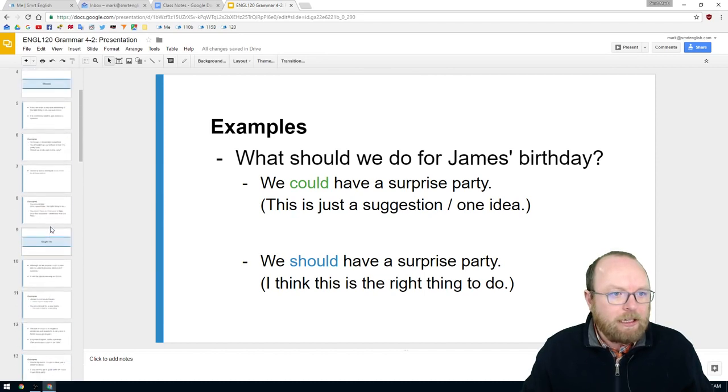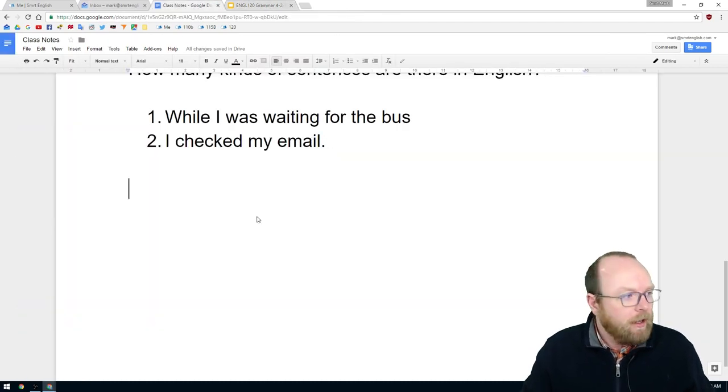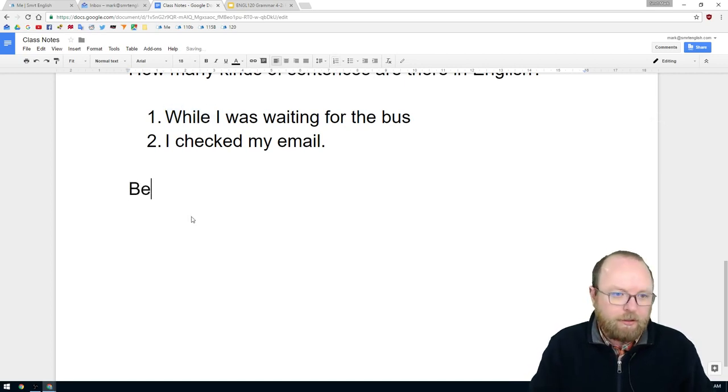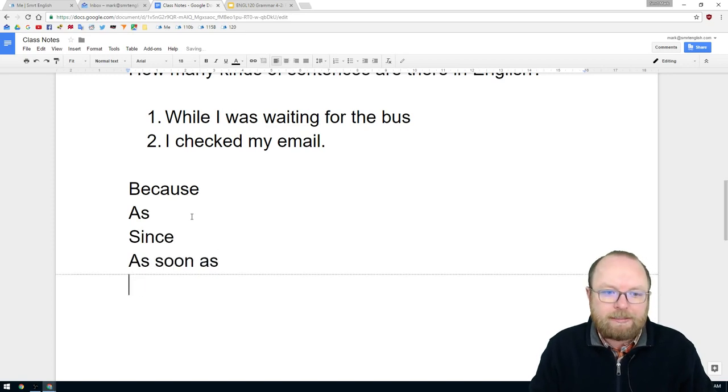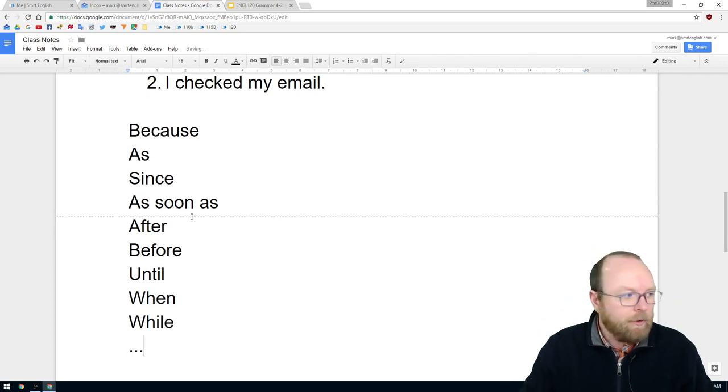Oh no, this is my grammar. I closed it already, sorry. But which one's dependent? Remember, dependent clauses start with those words, right? Because, as, since, as soon as, after, before, until, when, while, many, many, many, right?